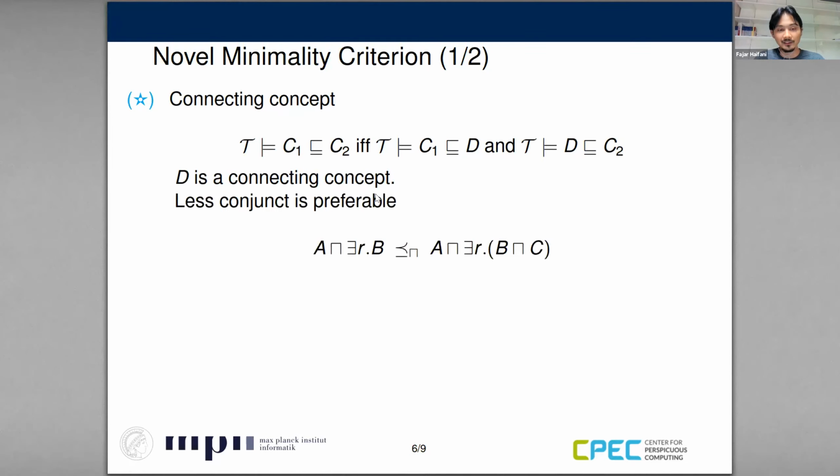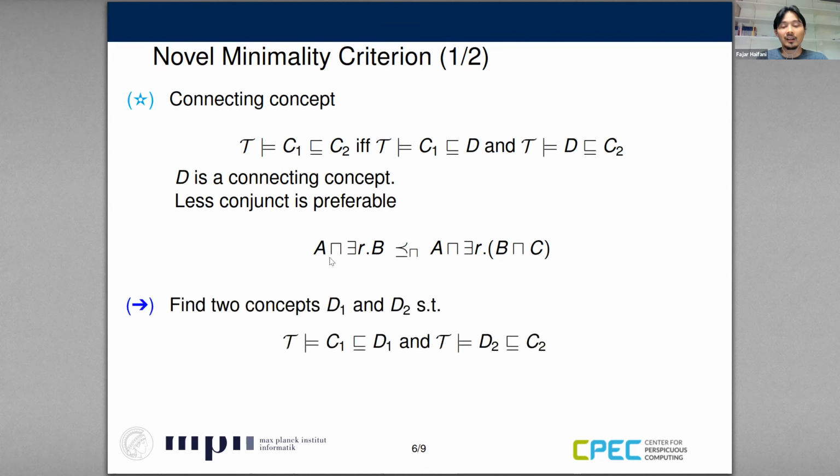And in our context, we also prefer something which is less conjunct. So for example, if the left one here, A and X or B, is a connecting concept, but the right one here with an additional C is also a connecting concept, then we always prefer the left one. And how do we use this for abduction?